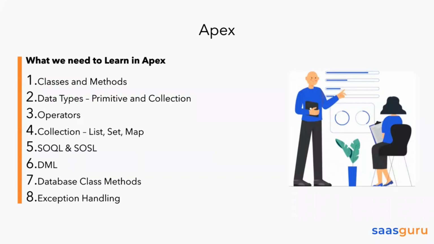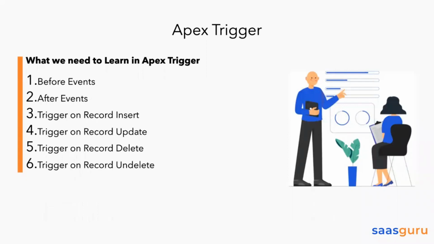First of all, you need to learn Apex and all these topics. Then the next topic will be Apex Trigger. Trigger is basically a backend development tool which is used to implement automation. It is kind of similar to record triggered flows if you have implemented those. In place of record triggered flow, earlier we used to implement triggers.